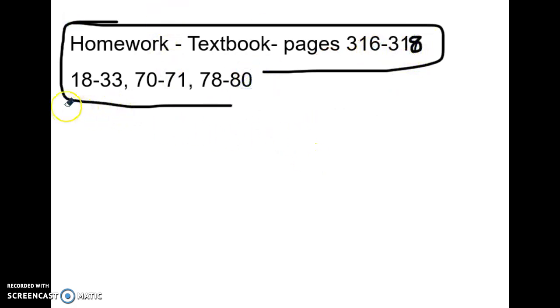And problem numbers 18 through 33, 70 and 71, and then 78, 79, and 80. Work carefully. I will be looking at your note packets and your homework tomorrow.